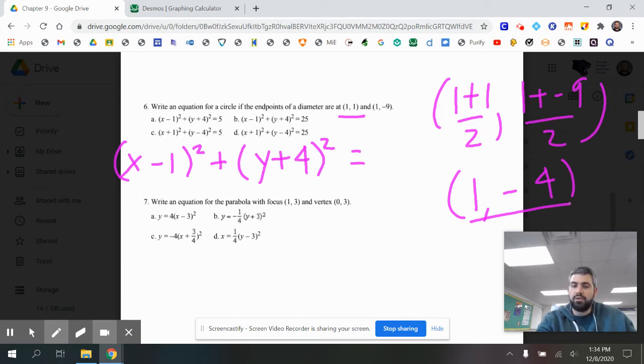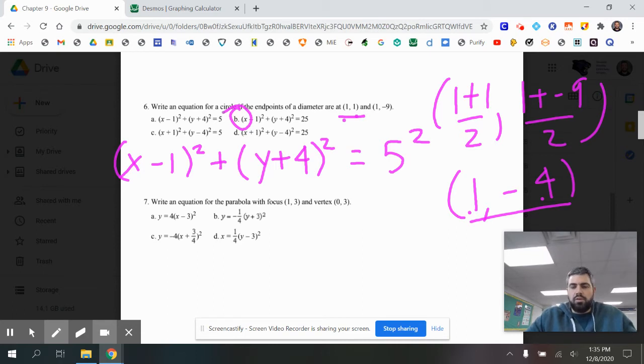There's lots of different ways I can do it. I could graph it and look. I could use the distance formula. But I can also say, okay, well, if 1 and 1 are the same, there's no change there. 1 to negative 4 is 5 units. So this is actually going to be equal to 5 squared because it was always equal to the radius squared. And so if we square 5, that would be 25. And so the equation of our circle is going to be B.